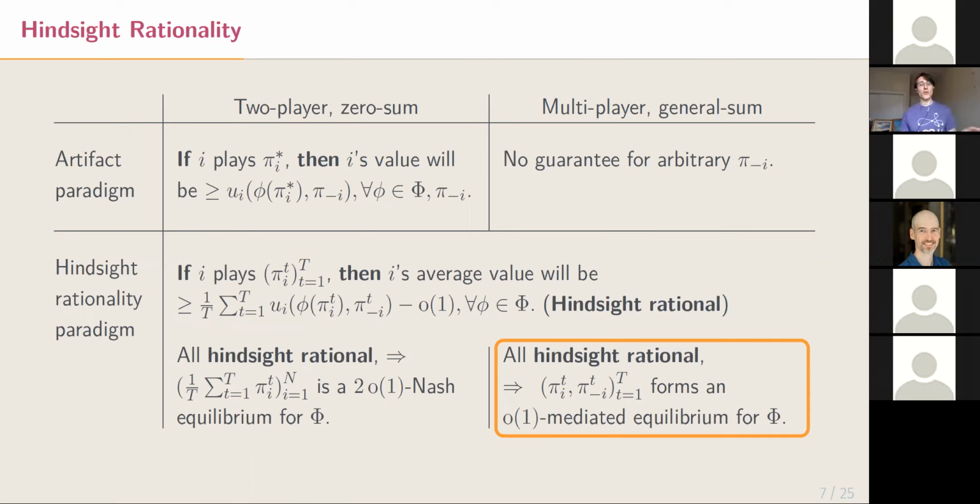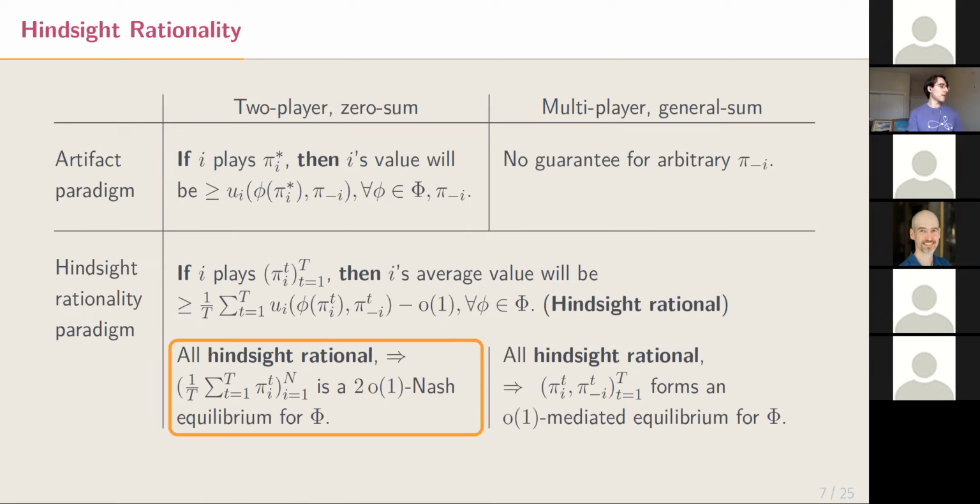Now, you may not have heard this term mediated equilibrium, but it's basically just an extension of equilibrium from static strategy profiles to distributions over strategy profiles. And the most famous version of mediated equilibrium is correlated equilibrium. And I'll mention later what deviation set you would have to use to get correlated equilibrium.